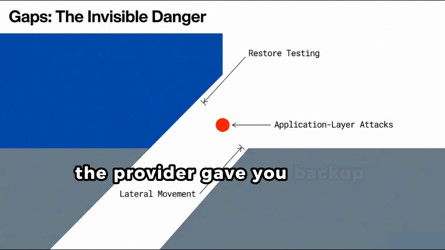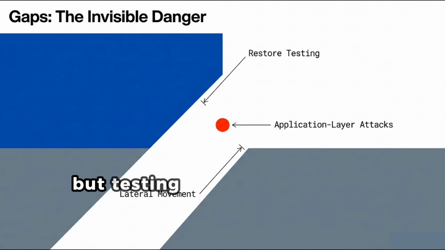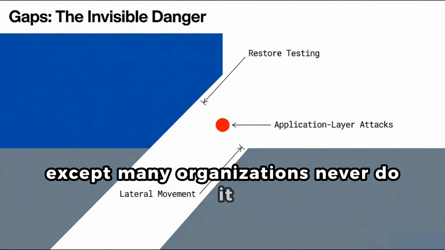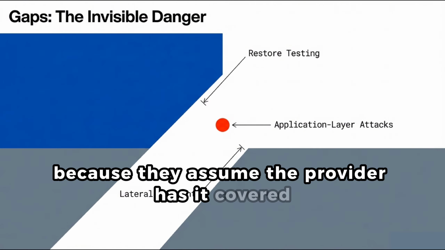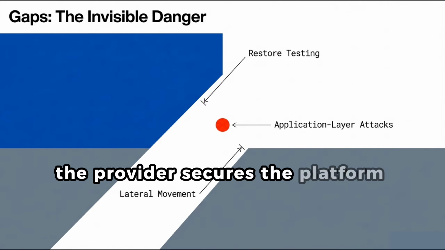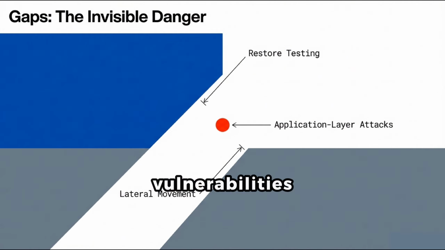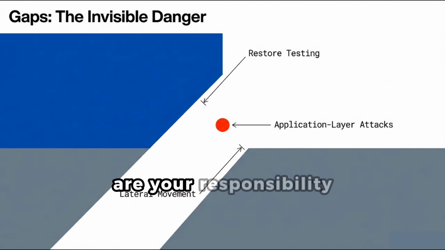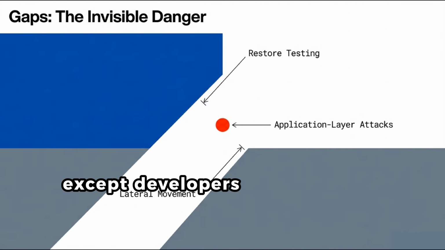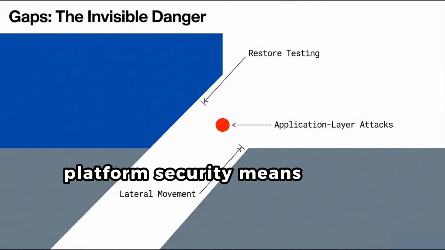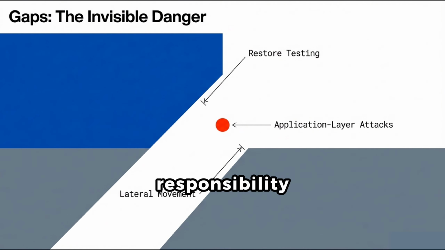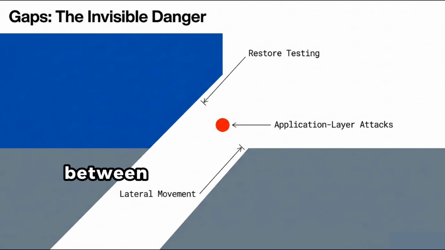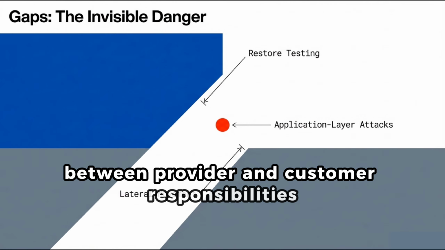The provider gave you backup functionality, but testing restores is your job, except many organizations never do it because they assume the provider has it covered. The provider secures the platform from infrastructure vulnerabilities, but application layer attacks, like SQL injection, are your responsibility, except developers might assume platform security means they're protected. Responsibility gaps happen at the handoff points between provider and customer responsibilities.